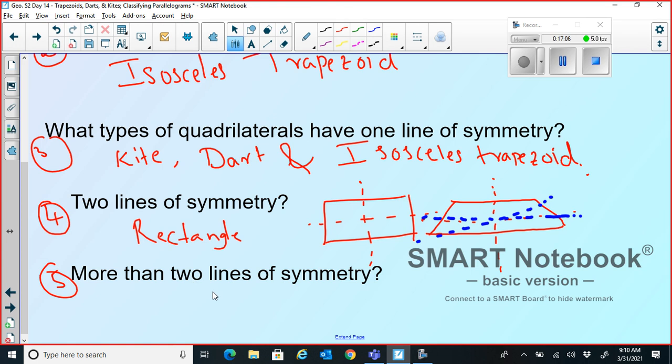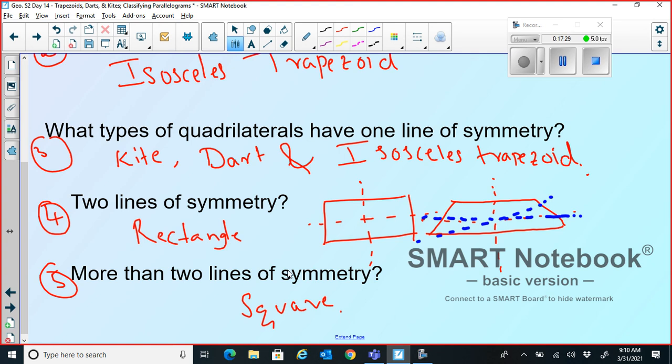Same way, more than two lines of symmetry, as Kiran pointed out, square will work. Okay, but we were discussing only kite, dart and trapezoid. If we consider kite, dart and trapezoid, then that will be the answer. But in general, any quadrilaterals you can get some more answers. Just check about other parallelograms, check for rhombus.